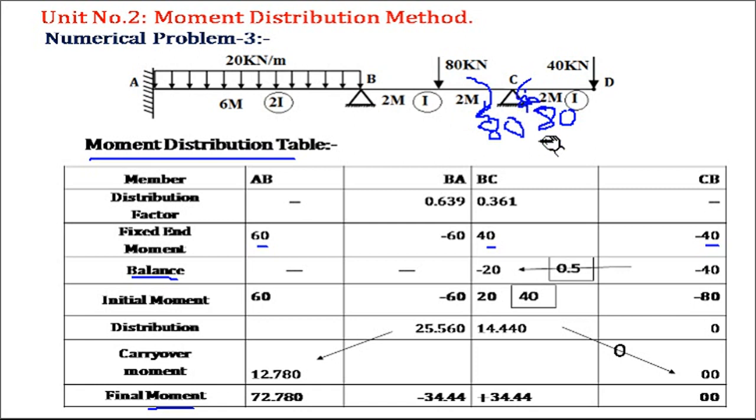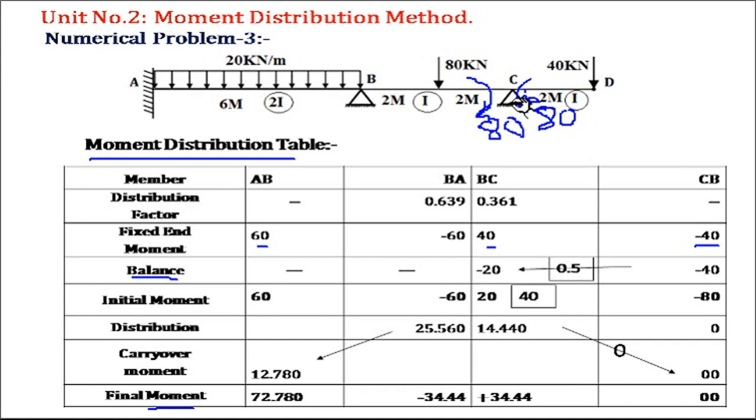The fixed moment in member CB is minus 40. But as the cantilever portion is there, due to the point load of 40 kilonewton, the moment in portion CD is 80, acting in anti-clockwise direction.